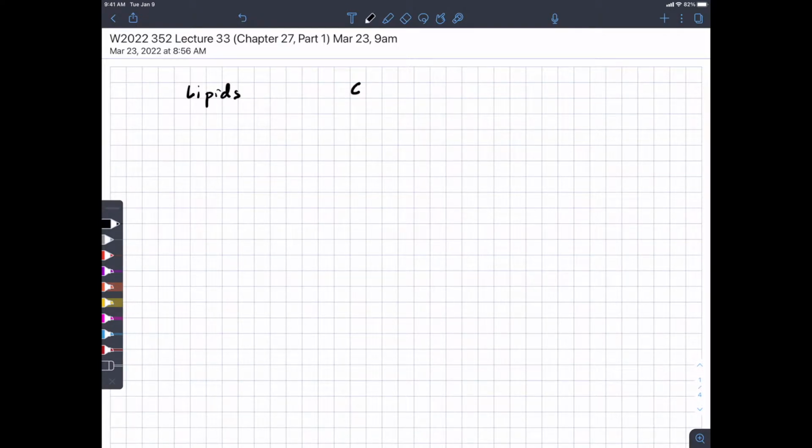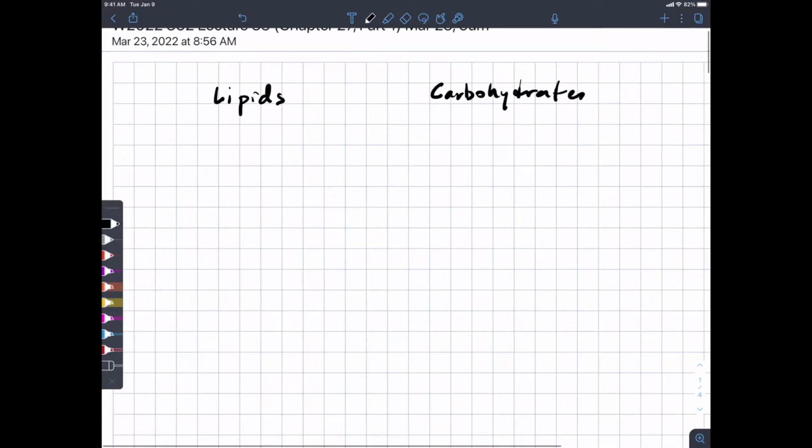You have lipids, carbohydrates, and proteins. Of course, lipids are the triacylglycerols. Of course, there's more than just this in your diet, but these are our main sources of energy.